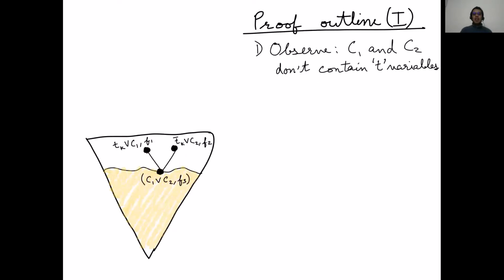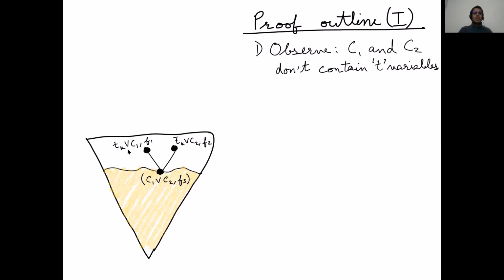So now what we have to prove is that the boundary clauses are wide. Let's look at this node at the boundary. The clause part is C1 or C2 and the function part is F3. So this is derived using two nodes, this and this.